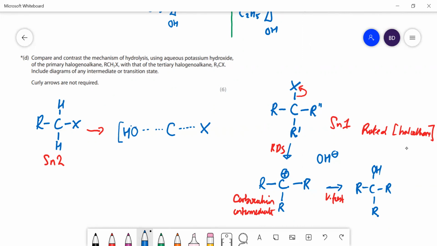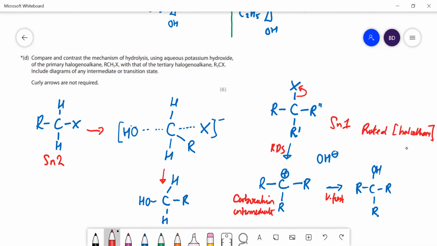So we'll put a negative charge on all of that there, and then you're going to have the hydrogens here. Okay, now what happens then is the X leaves and the OH stays, and you end up with, I'm missing R group off there as well, aren't I? You end up with the alcohol. The primary alcohol.